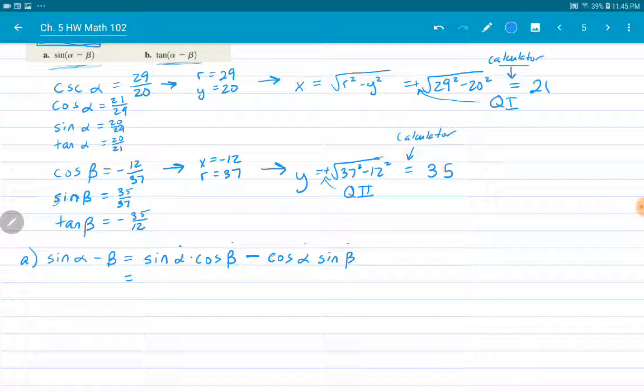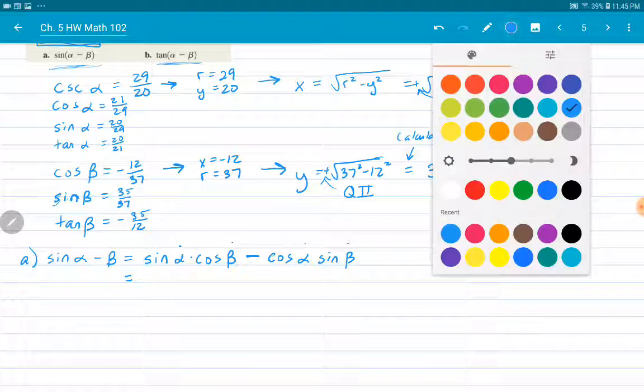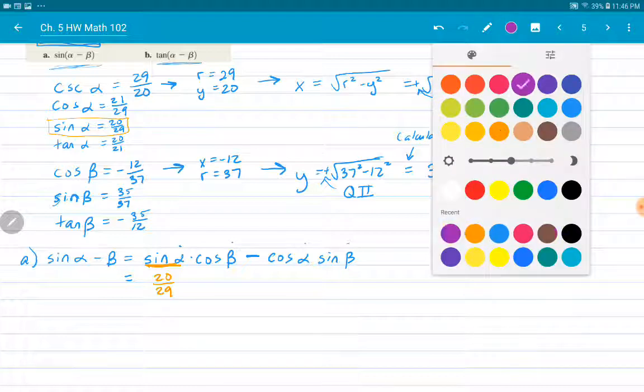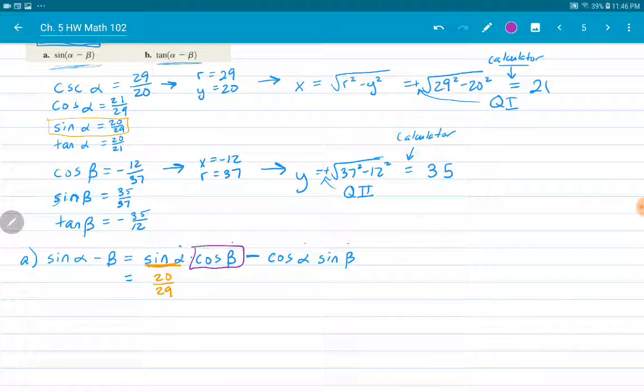And then I get sine of alpha. I don't know what alpha is, but I do know sine of alpha is right here, so that is 20 over 29. And again, I don't know what beta is, but I know cosine of beta, which is, I'm going to use parentheses since it has a negative and I don't want to mistake that as a minus sign, negative 12 over 37.